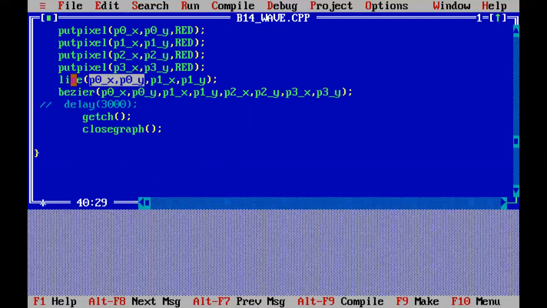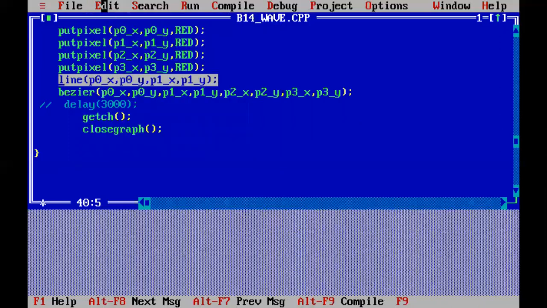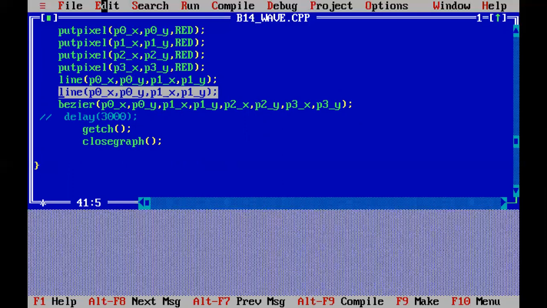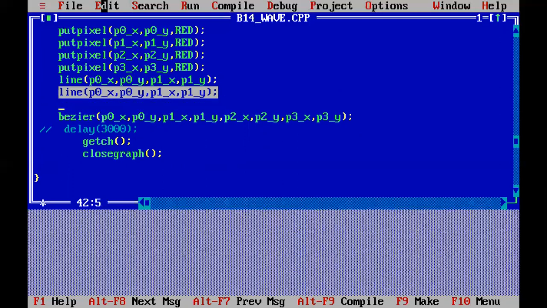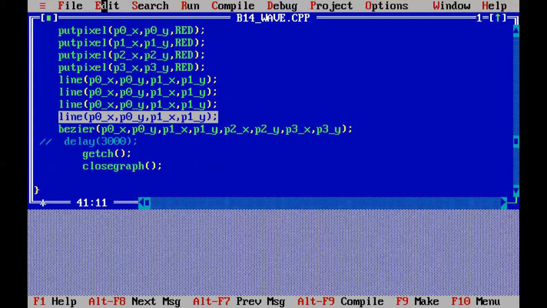Okay, we'll directly draw a line, copy. And here we'll just change P1 to P2. I'll directly write P2_x and P2_y.